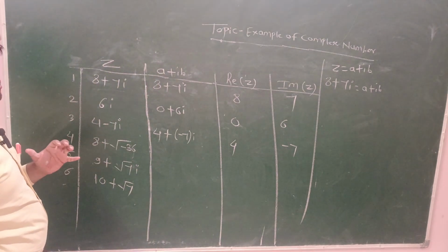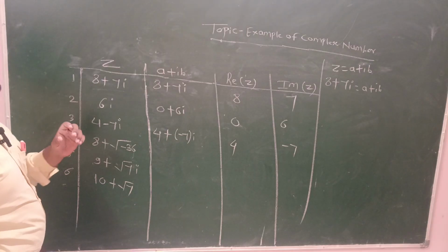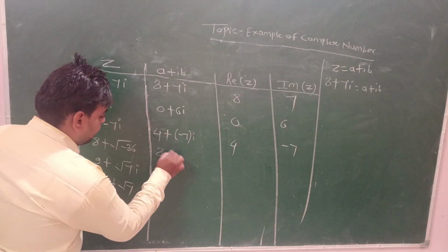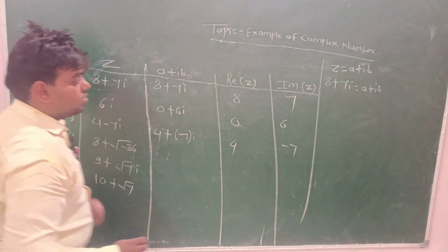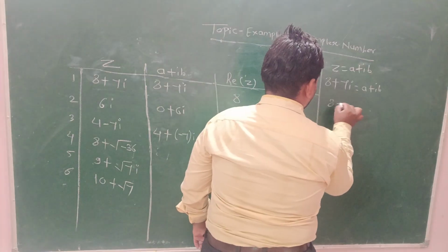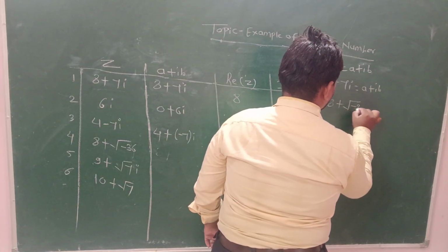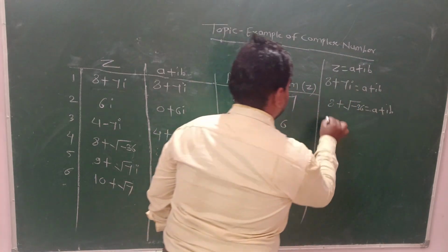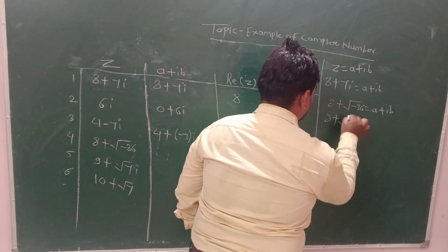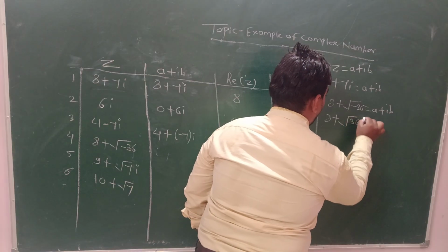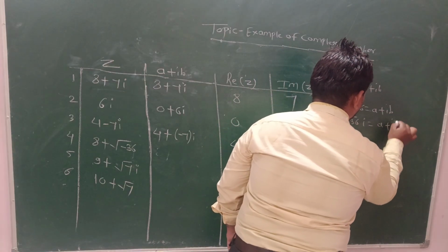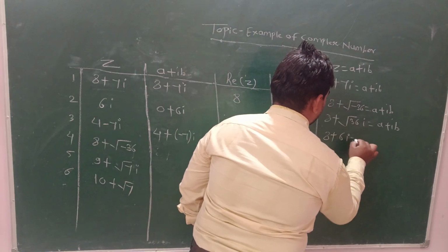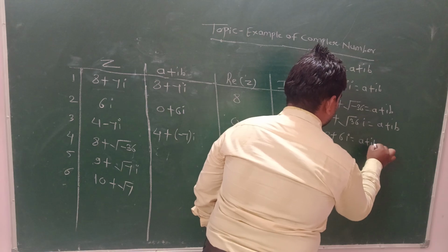In this example, 8 plus root of minus 36, equal to a plus ib, means 8 plus under root of 36 i equals a plus ib, and 8 plus 6i equals 8 plus ib.